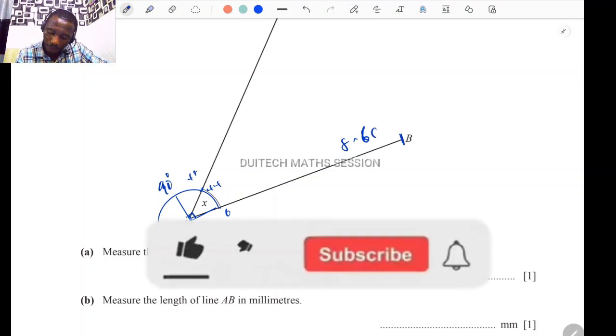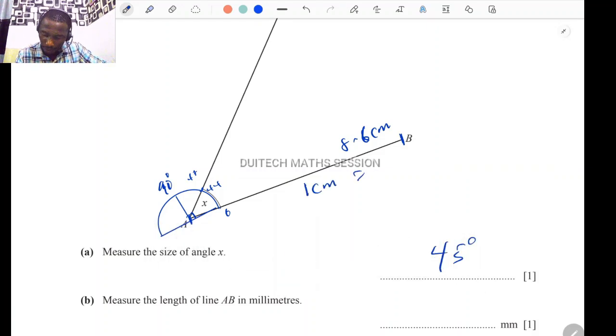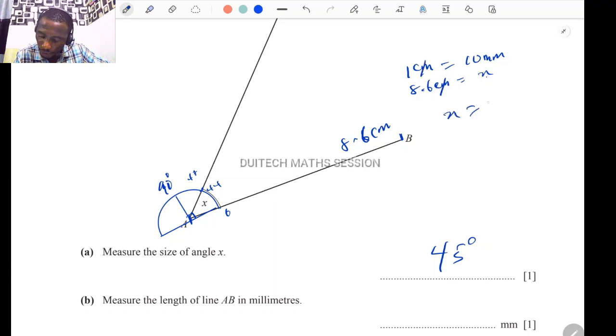Remember, we measure in centimeters, so we're going to convert it to millimeters. 1 centimeter is equal to 10 millimeters. So 8.6 centimeters will give us x. Cancel centimeter to centimeter: 1 times x is x, and 8.6 times 10 gives us 86. This is how to convert from centimeters to millimeters.